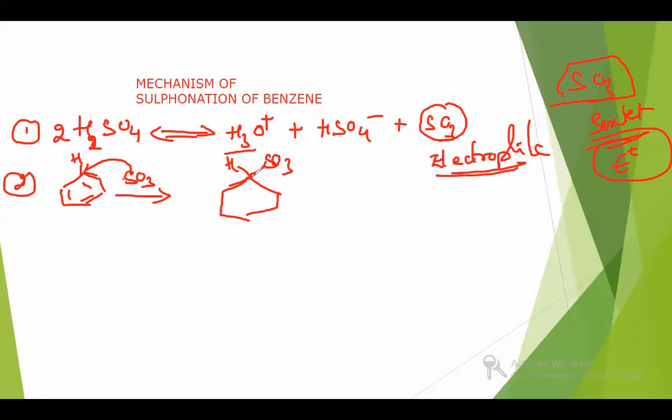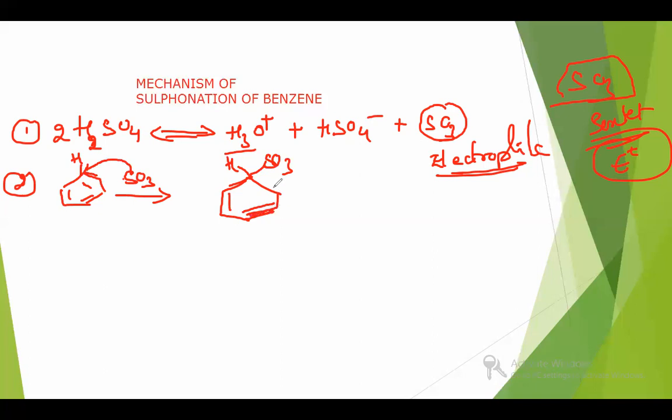If it adds here, the carbon to which it adds is now sp3 hybridized, so the bond will break between them. The double bonds remain as before: one double bond here and two others.